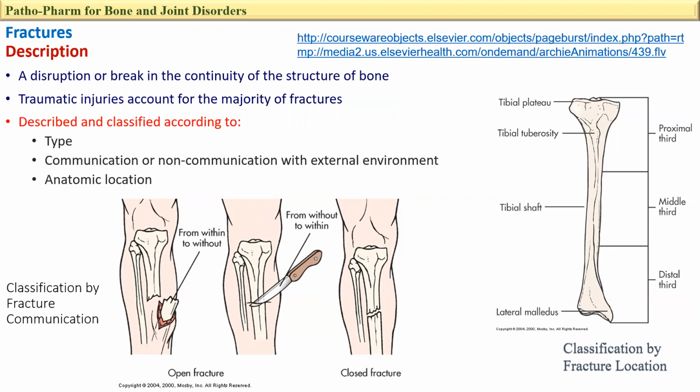Sometimes a fracture results from trauma, like traumatic injury. Sometimes it's very minimal, tiny trauma, or even patients with, for example, osteomalacia or osteopenia have very fragile bone, and they may fracture even from turning in bed.